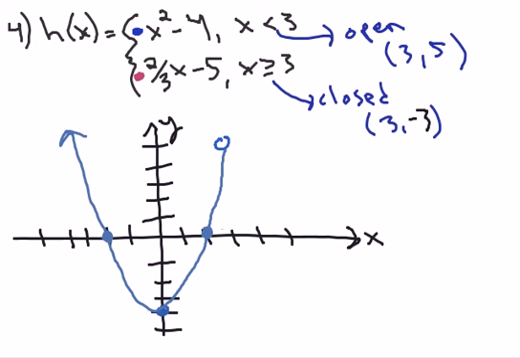Okay, and then lastly we have this nice linear function here with a slope of 2/3, so up to right 3, or down to left 3. Let's start with the closed circle at (3, -3), which is here. So I can either go up 2, right 3, or down 2, left 3.